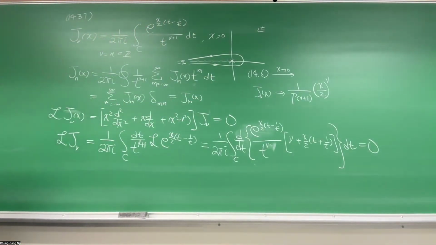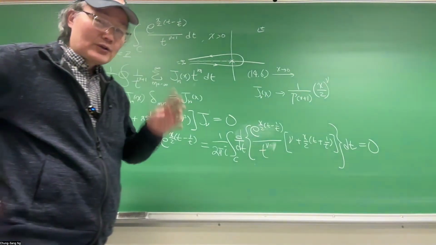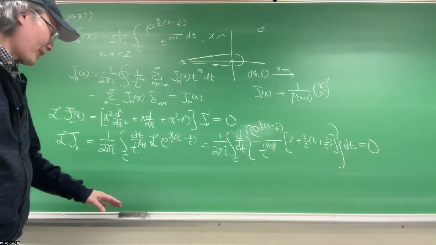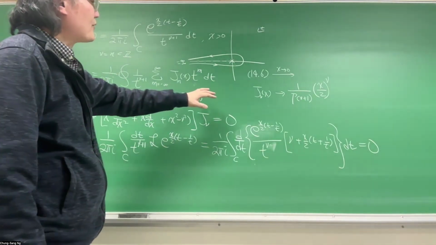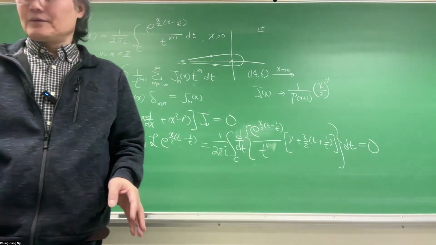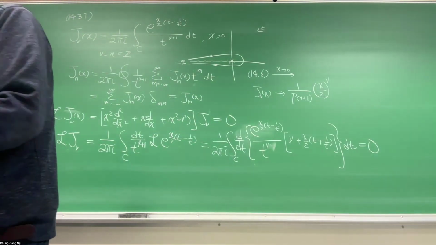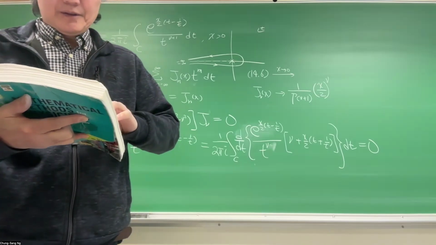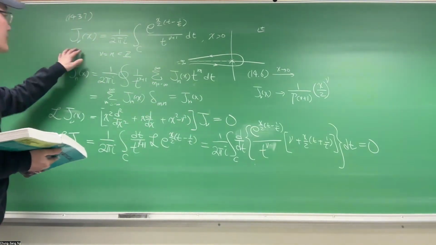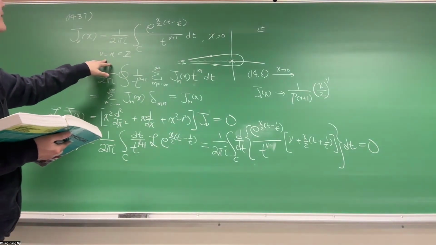So both will recover J sub n. And although you can argue that although the two limits are the same, they might not be the same for non-integer nu, it turns out to be the same, right? So this is the right integral representation.